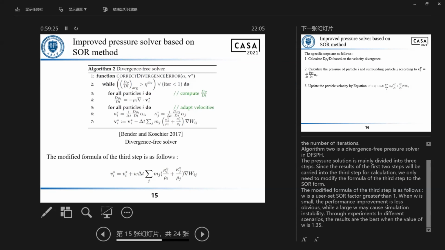Omega is a user-set SOR factor greater than 1. When omega is small, the performance improvement is less obvious, while a large omega may cause simulation instability. Through experiments in different scenarios, the results are the best when the value of omega is 1.35.